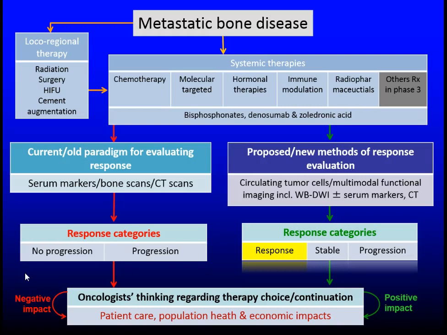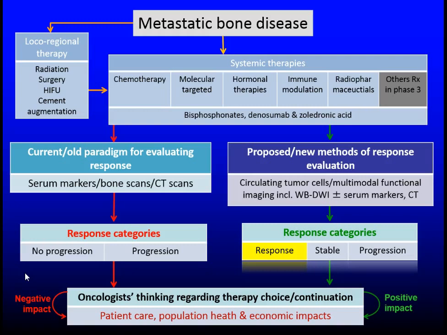The current method of doing this with serum markers, bone scans and CT scans only really gives you 2 response categories, progression and no progression, and this alters the way an oncologist thinks about their patient and his or her therapy choices.